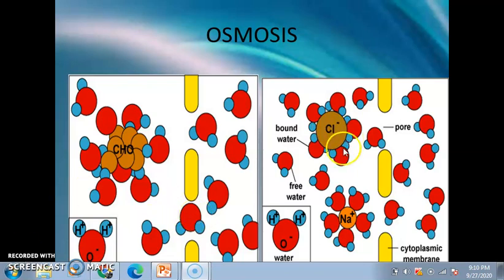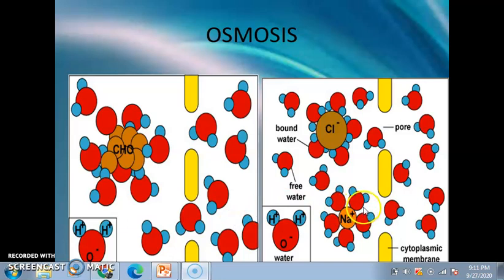And in the next slide we can see that when sodium chloride, NaCl, is dissolved in water, it splits into Na plus and Cl minus. Na plus possesses a positive charge which attracts the partial negative charge of the oxygen, whereas Cl minus ions attract the partial positive charge, because the water molecule consists of positive and negative charges.